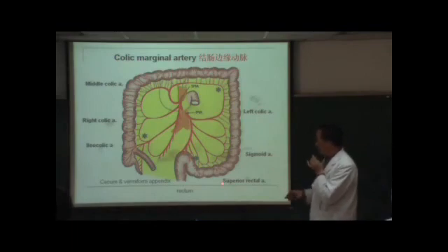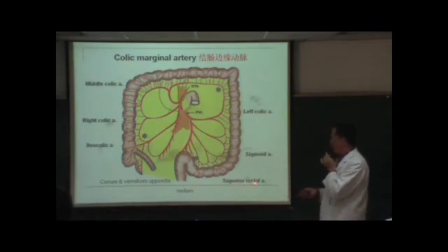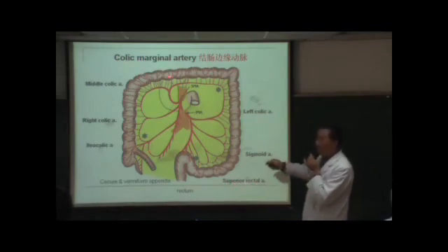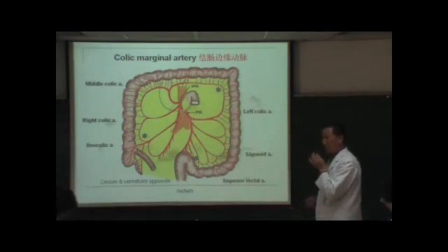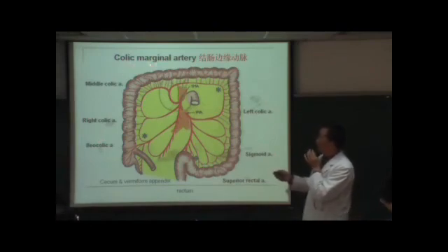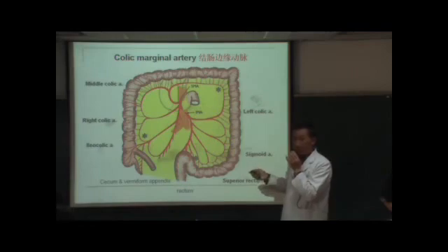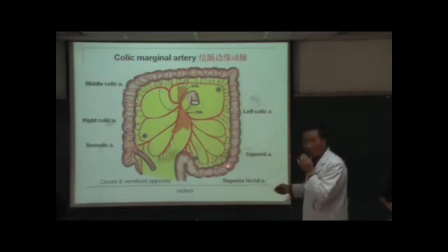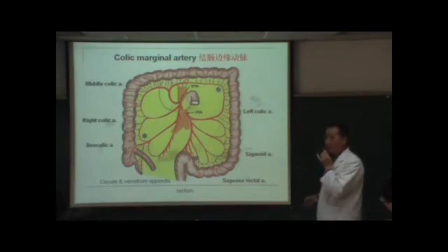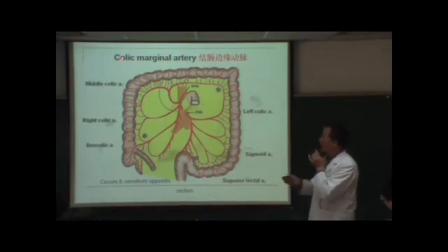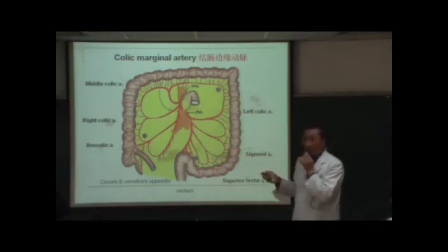and then the superior rectal arteries. These arteries anastomose to each other to form the colic marginal arteries. 这些动脉吻合起来形成结肠边缘动脉。Read this name: colic marginal artery.